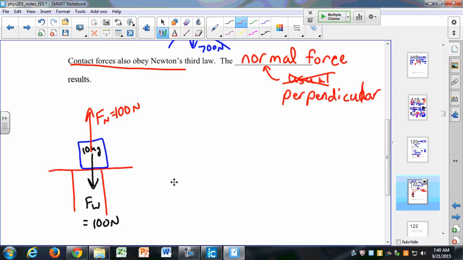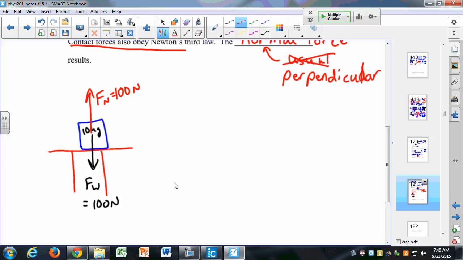By the way, the system by which we get to that, it's not really terribly important here, but it will be important when we get to more complicated problems, is that we draw all of our forces as we've done here, then we apply Newton's second law. The sum of the forces in the y direction is equal to m a_y. We recognize that the acceleration is 0, so the sum of the forces in the y direction is 0.